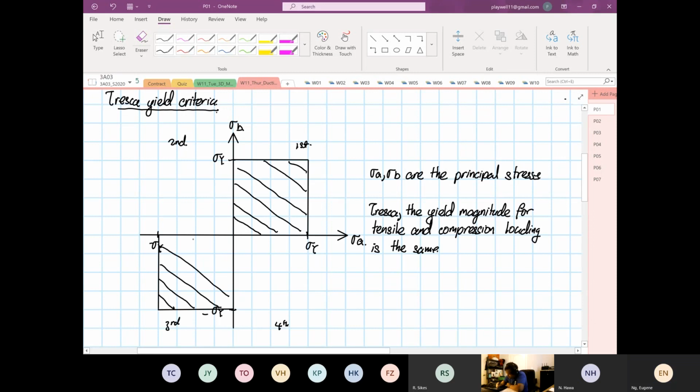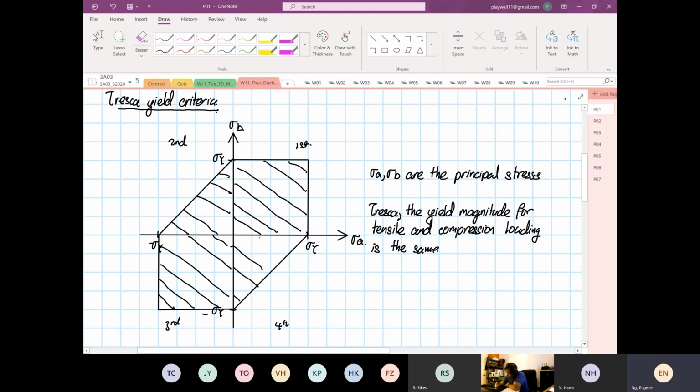Then if one stress is tensile and the other is compressive, he constructs a slope. This is in the second quadrant, and in this region the structure will not fail. Likewise over here, within this boundary, the structure will not fail.